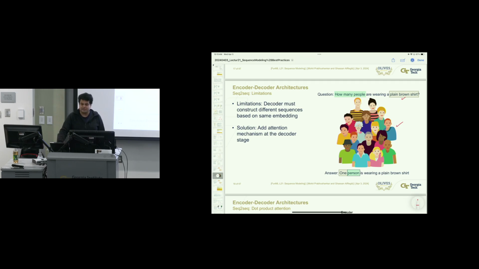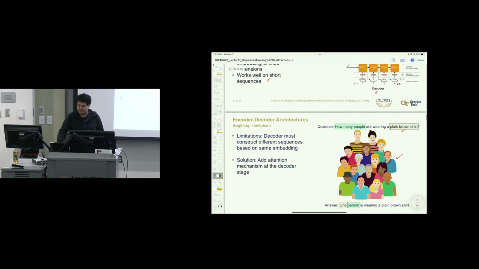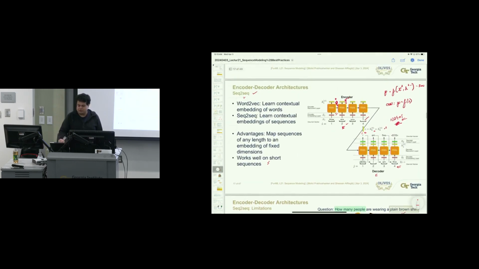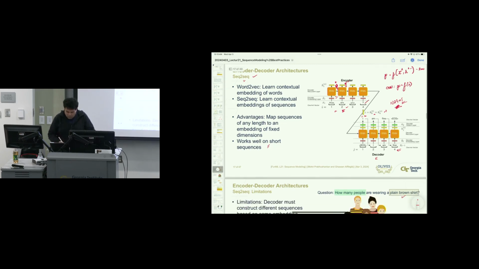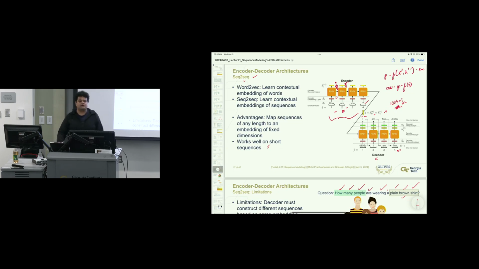But think of what this means from an encoder-decoder architecture perspective. In this case, think of it as for every RNN, you're given a word. So how many people are wearing a brown shirt, right? That means that there are 1, 2, 3, 4, 5, 6, 7, 8, 9. So there are 9 RNN encoders that are going to exist.